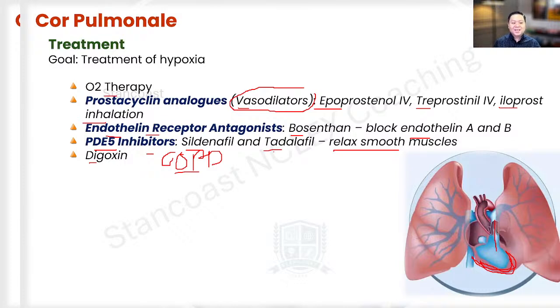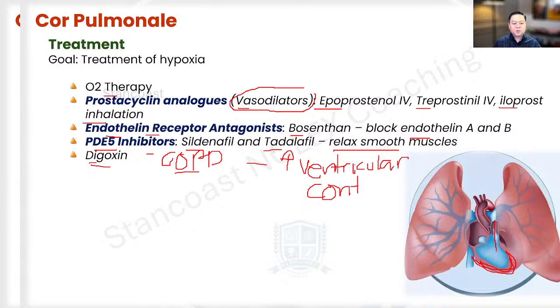So again, think about digoxin as one of those medications that can cause an increase in ventricular contractility.